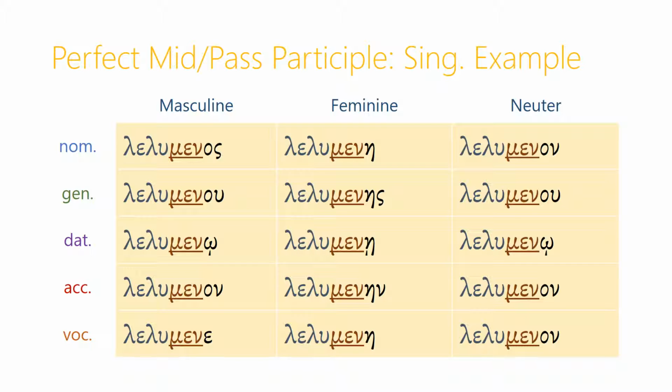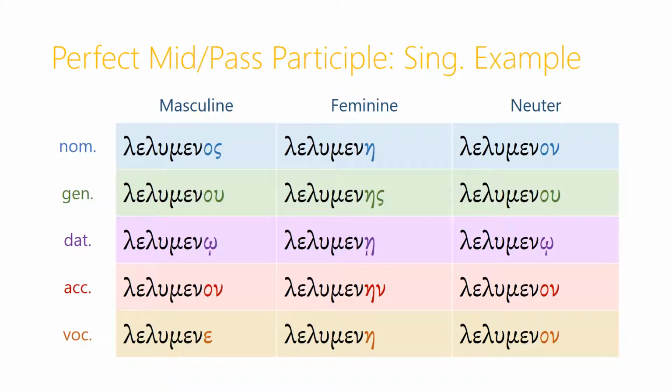And similarly in the neuter, we have all of the regular second declension neuter endings added on, beginning with lelumenon, lelumenu, etc. In the feminine, we still have the first declension endings, but now with the men voice indicator, that's followed not by alpha class endings in the singular, but by eta endings in the singular. And so we have lelumene, lelumenes, lelumene, lelumenane, and lelumene again in the vocative.